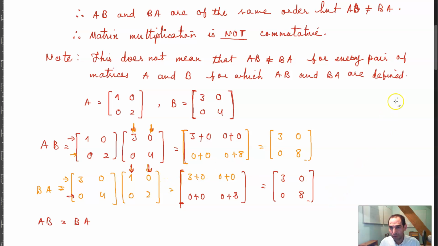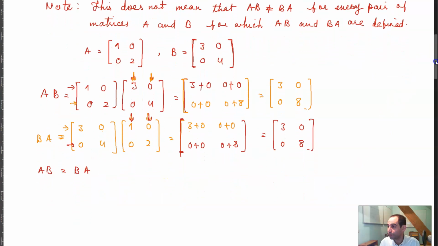So it seems that the multiplication of diagonal matrices of the same order is commutative. Both of these matrices are diagonal, meaning that except for the diagonal of the matrix, all of the other elements are 0.